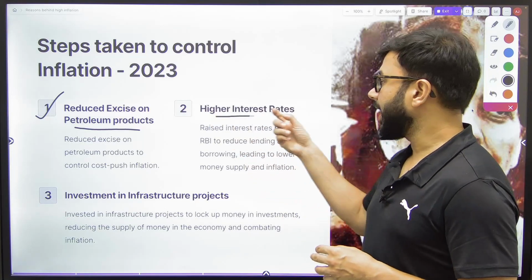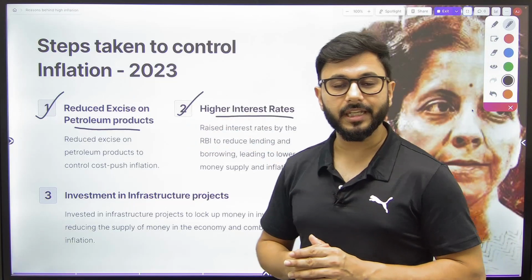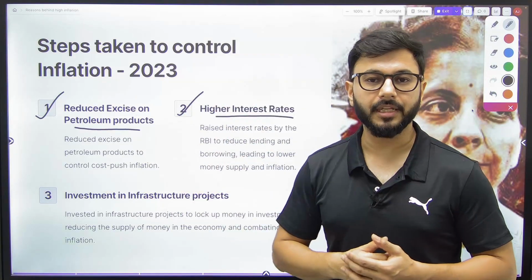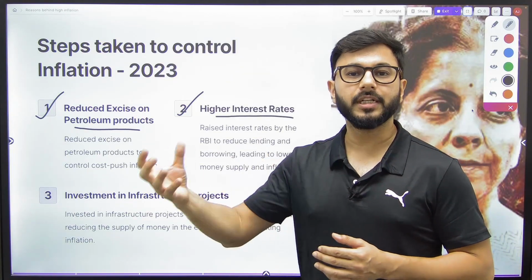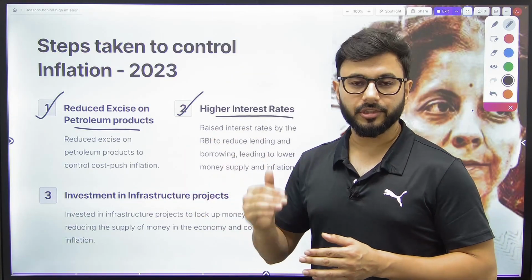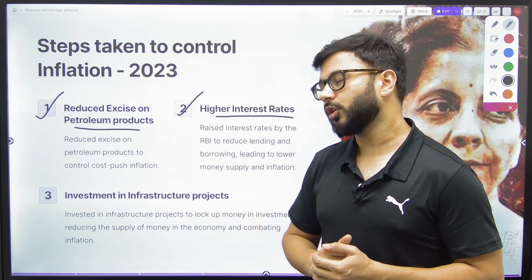Number two, higher interest rates by RBI, exactly the same as that was done in 2011, being done every time there is inflation in the economy. The RBI increases policy rates under monetary policy framework, which results in lower demand of money in the economy, which ultimately results in lower inflation.